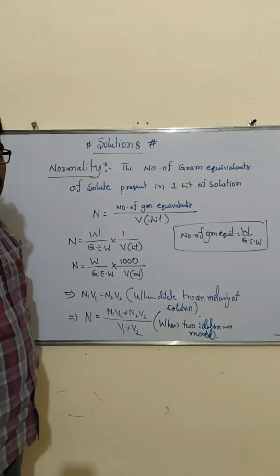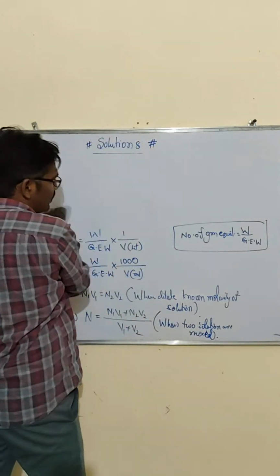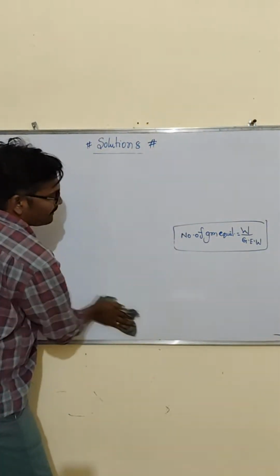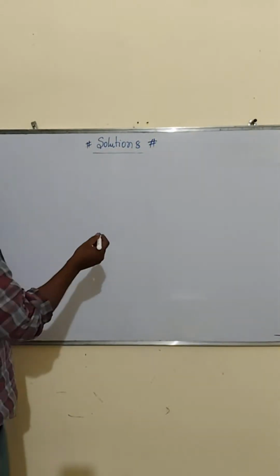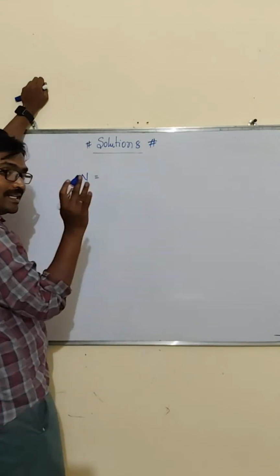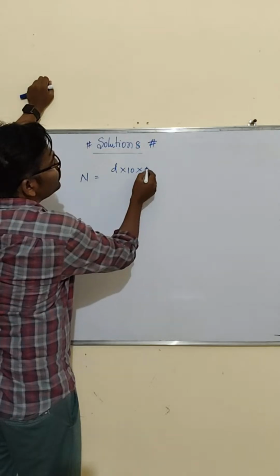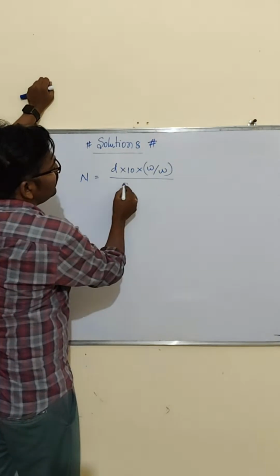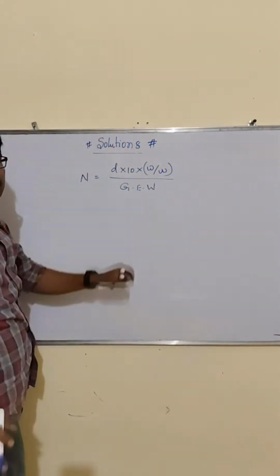One more formula, same like molarity. That is for normality when density is given: density into 10 into weight by weight percentage divided by gram equivalent weight, not gram molecular weight.